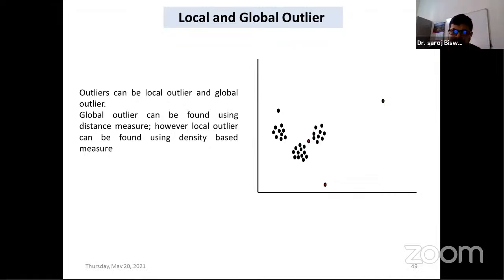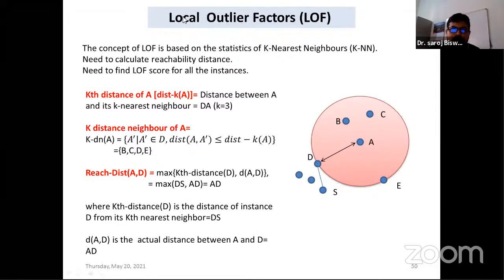Now we're going to discuss one of the popular techniques, called local outlier factor. Using the local outlier factor, if there are local outliers, then those outliers can be detected. As we already talked about, in the case of local outlier factor, generally we need to consider the k nearest neighbors.